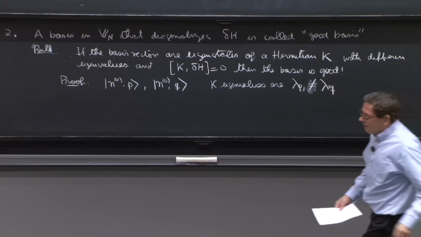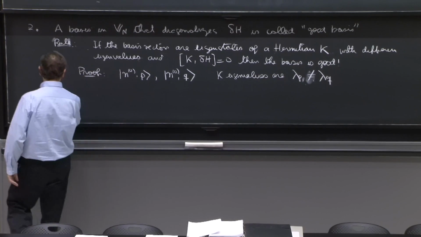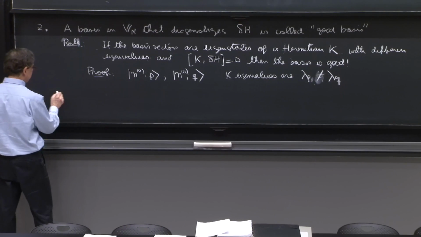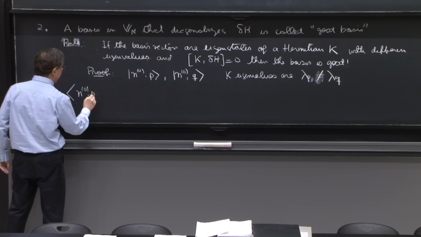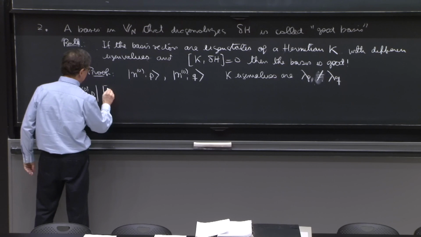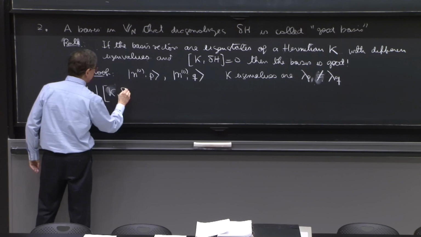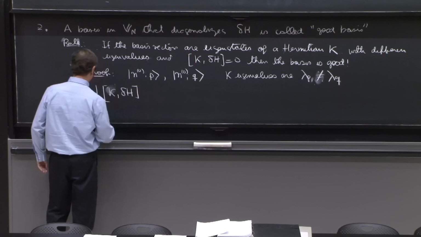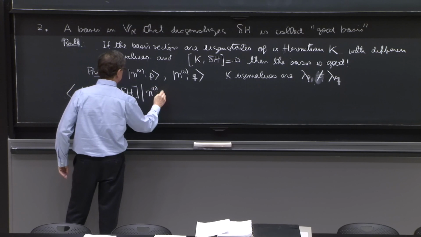So then we can form the following: n0 p, the commutator of K with delta H, n0 q.